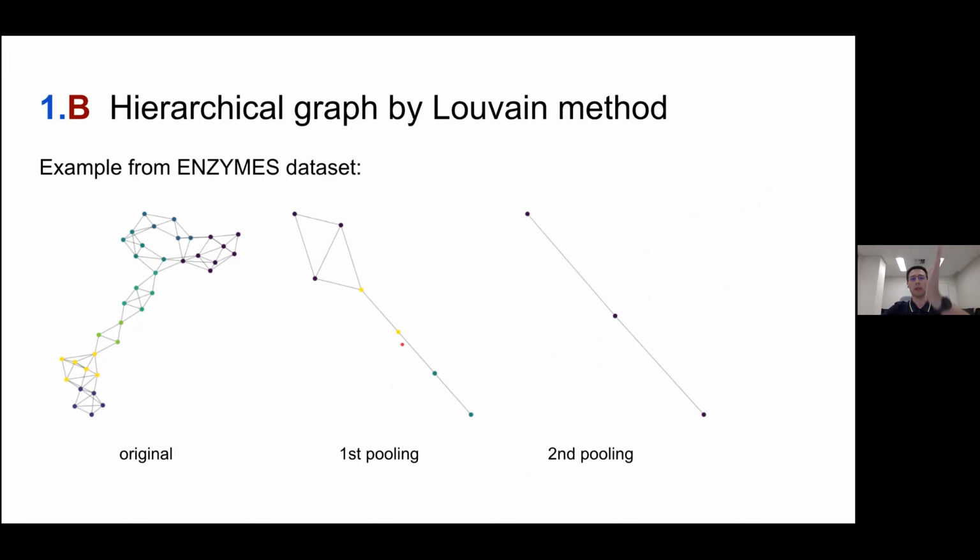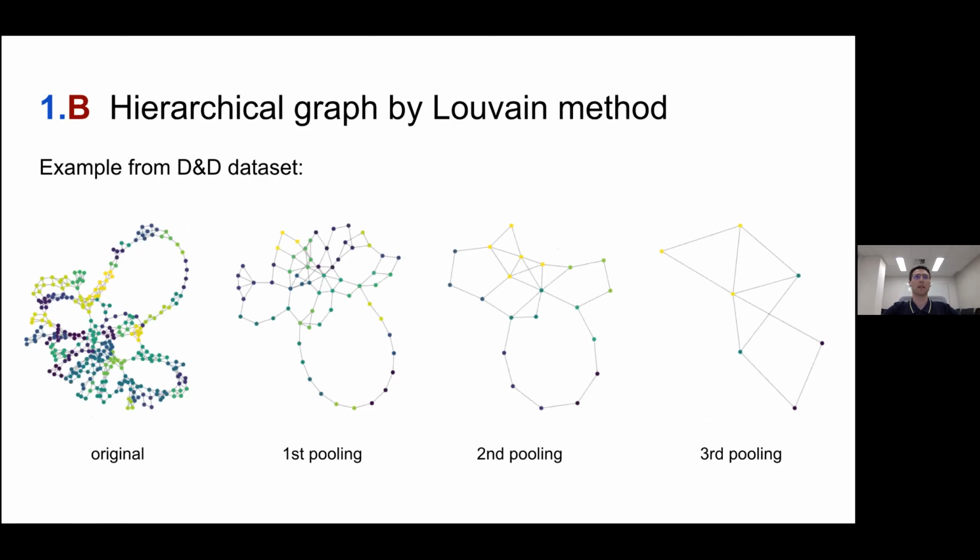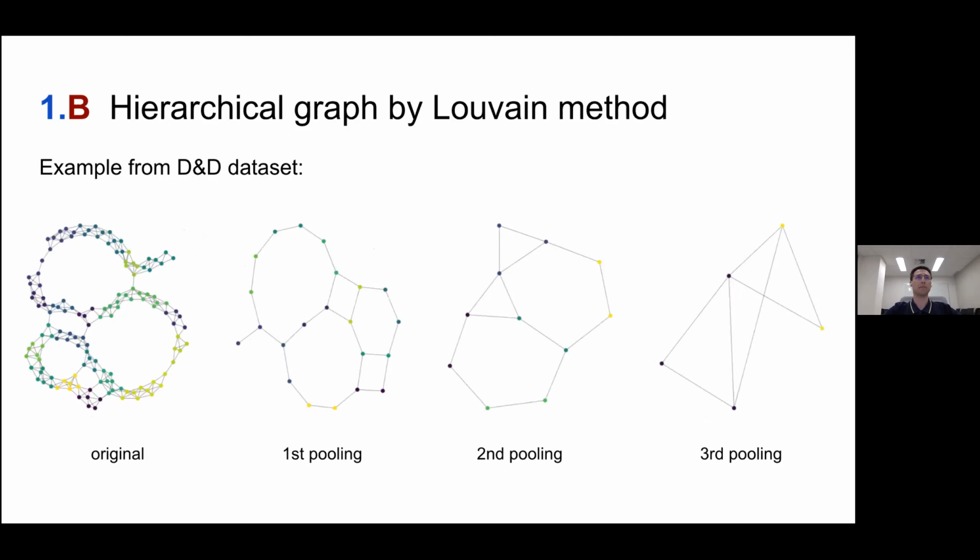Again, we iterate this process to get the entire hierarchy. So this is how it looks for some of these proteins from these datasets. Also, this D&D dataset has somewhat larger proteins, and here you can see what kind of hierarchical representation we are roughly getting using the Louvain method.